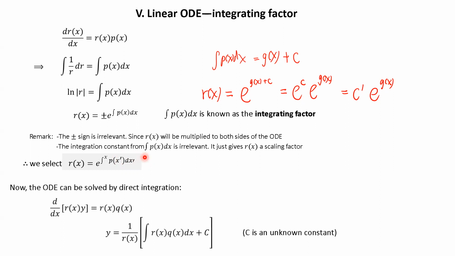Now, as I said, if this ODE can be written in this form, and now that you have found r of x, then your y is just given by this.